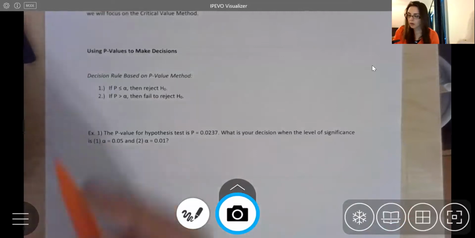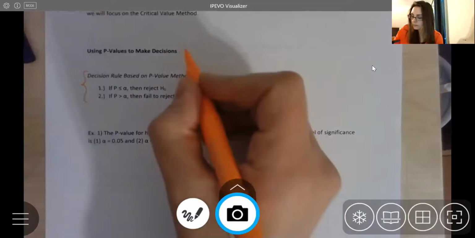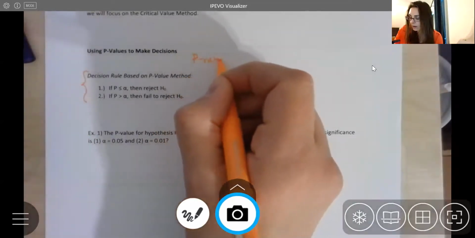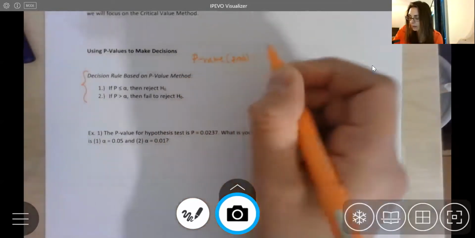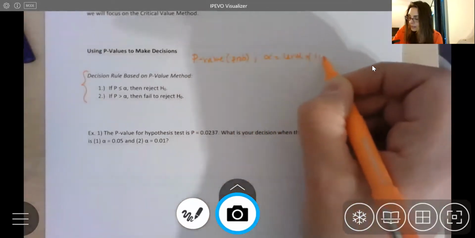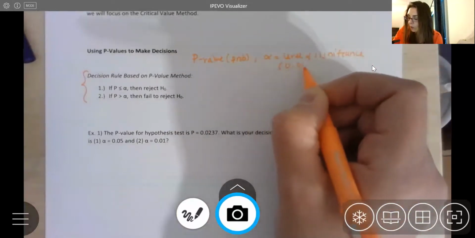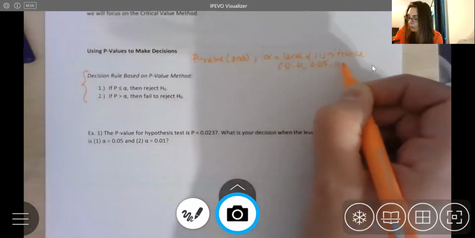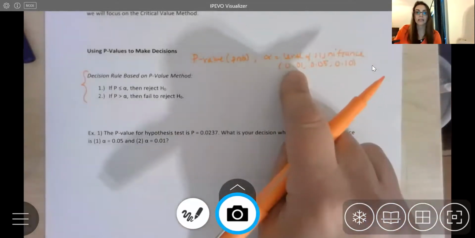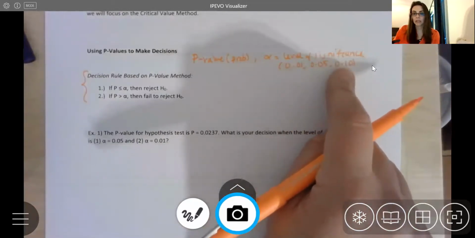So just to recall, how do you make decisions with the p-value method? It's based on the p-value, which is the probability, and the alpha that you have chosen. Keep in mind that the p-value here is just a probability. And your alpha is called your level of significance, which is usually 0.01, 0.05, or 0.10, which represents 99% confidence, 95% confidence, and 90% confidence.